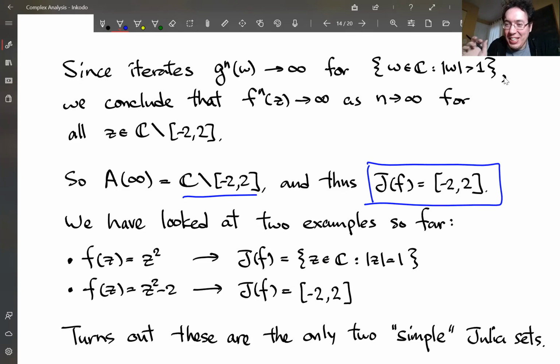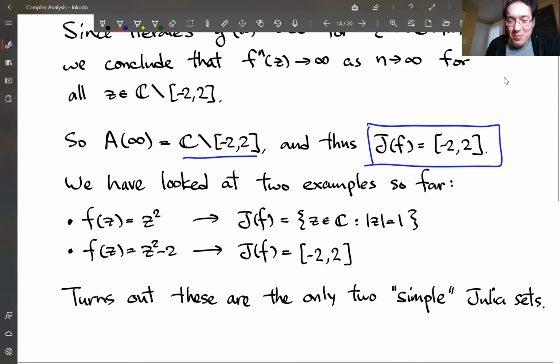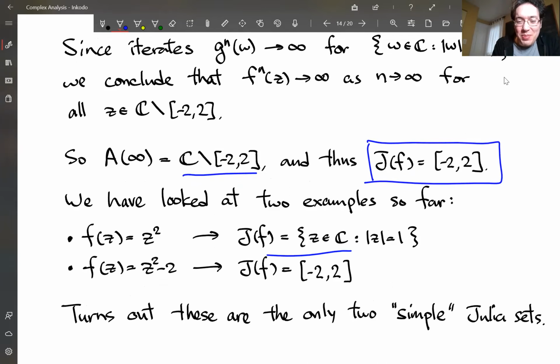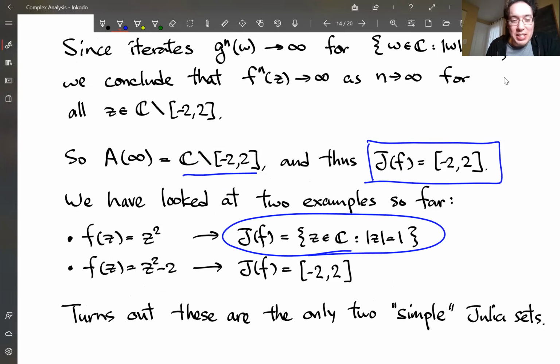So its Julia set is a line segment. We have figured out 2 Julia sets so far with some difficulty, right? The Julia set for z squared is the unit circle, and the Julia set for z squared minus 2 is the line segment from -2 to 2.